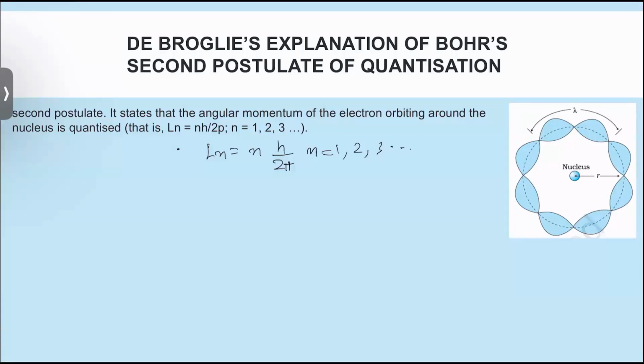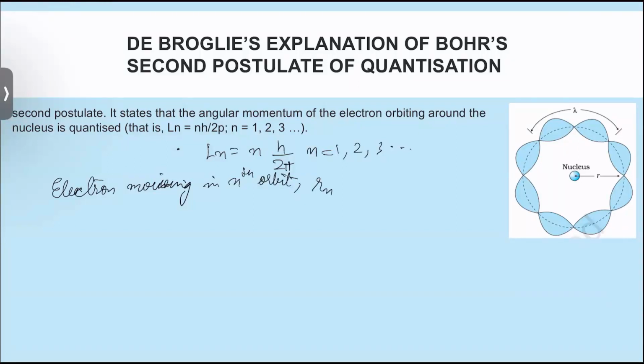So suppose you have an electron moving in the nth orbit. We are going to consider the nth circular orbit, so that would be Rn.